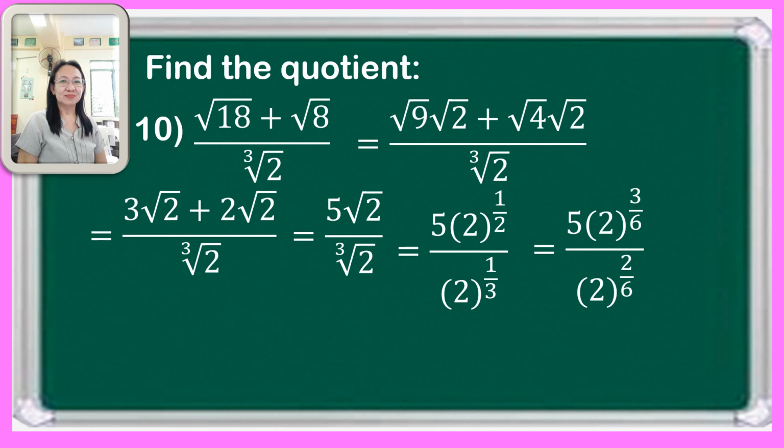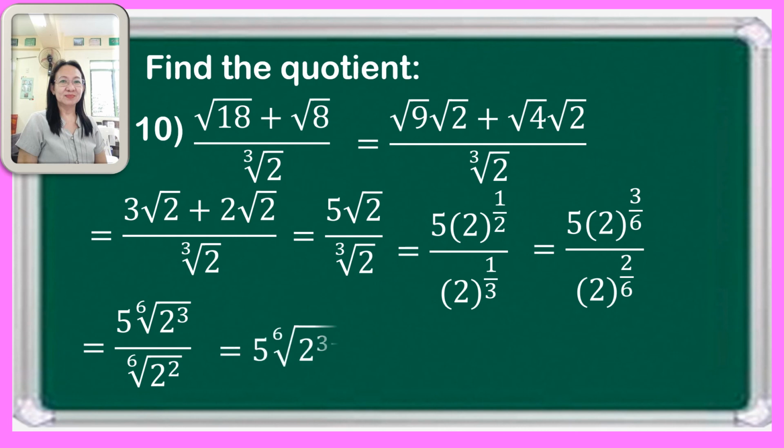Then changing this to radical form, we have 5 times the 6th root of 2 cubed divided by the 6th root of 2 squared. Now we can divide the radicals using the law of exponents for quotient, where 2 is raised to 3 minus 2, which is 1. So we have 5 times the 6th root of 2 as the final answer.